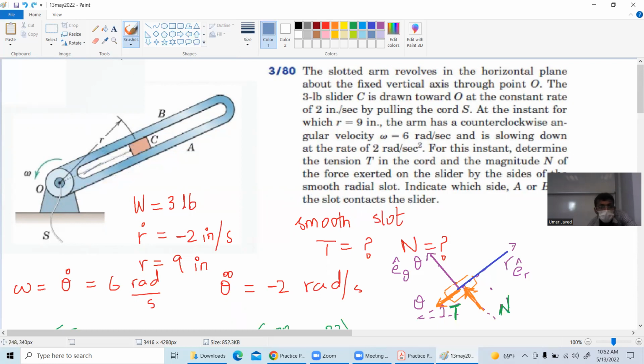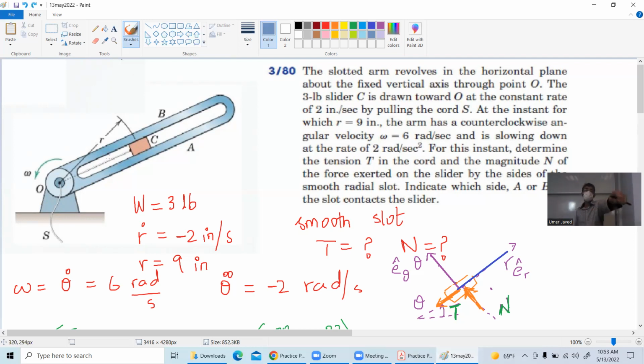So this whole thing is rotating in the horizontal plane. The question says horizontal plane. In an exam setting, if I give you horizontal plane, you have to focus on that. If the question is like this, then weight comes into the picture, right? But if it's like this, the weight doesn't come into the picture when you talk about r and theta directions.